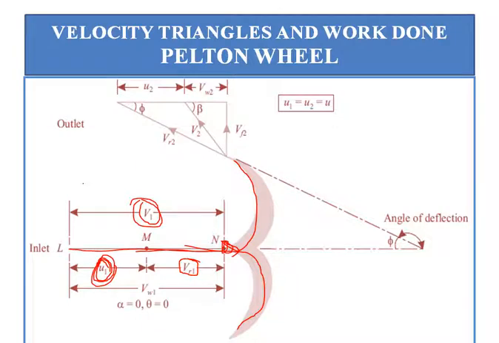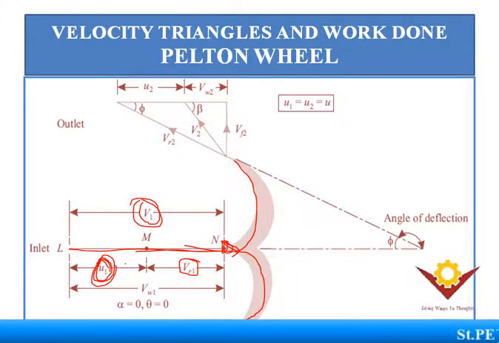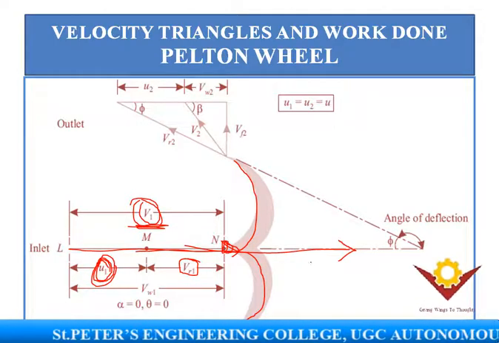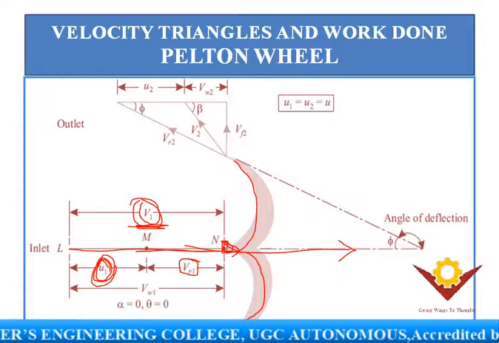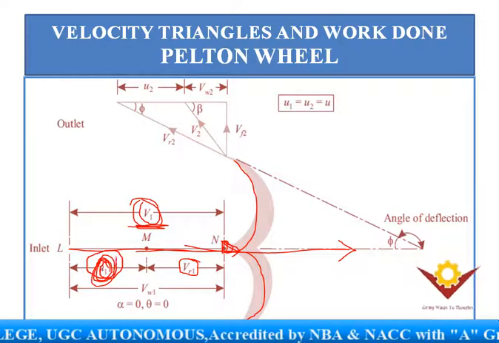That means Vr1 is a relative velocity, which is V1 minus u1. See, it is striking with the velocity of V1, right? But it won't travel with the velocity of V1. The bucket will move with the velocity of u1.